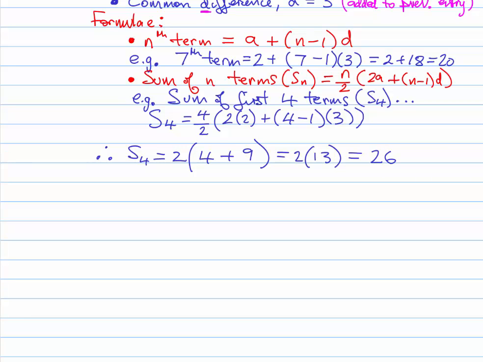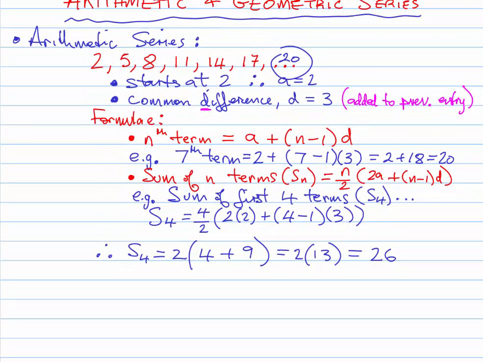Okay, so what we're saying is the sum of the first 4 terms in this arithmetic series is 26. So there's those 4 terms, add them up: 2 and 5 is 7, 7 and 8 is 15, 15 and 11 is 26. Good, so we have that one right. Excellent.